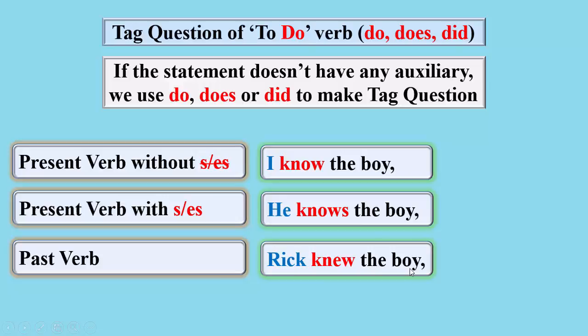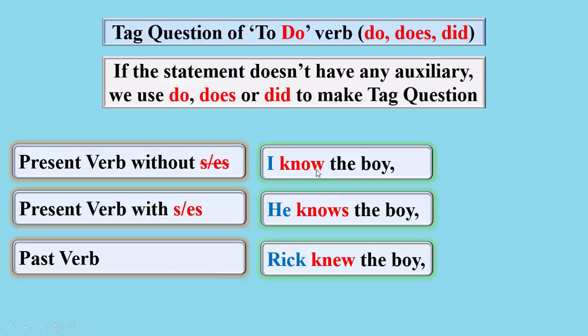Rick knew the boy. The first sentence and second sentence are in the present tense. Both the verbs are in the present form. But the verb of the first sentence is without an s, know, and the verb in the second sentence is with an s, knows.